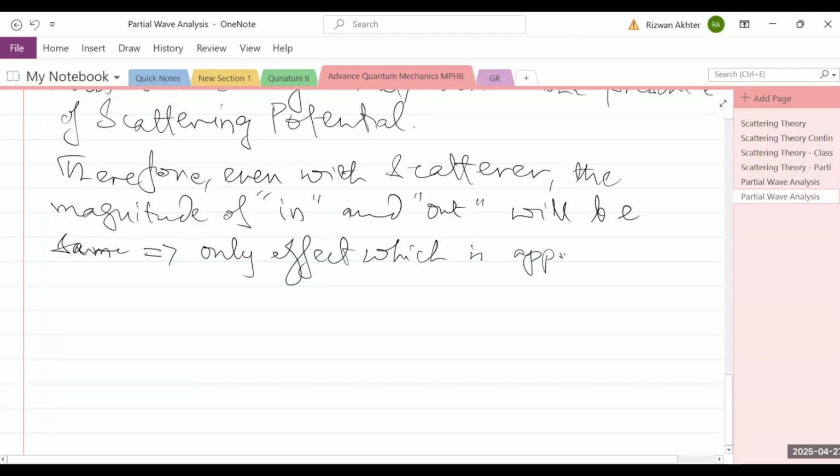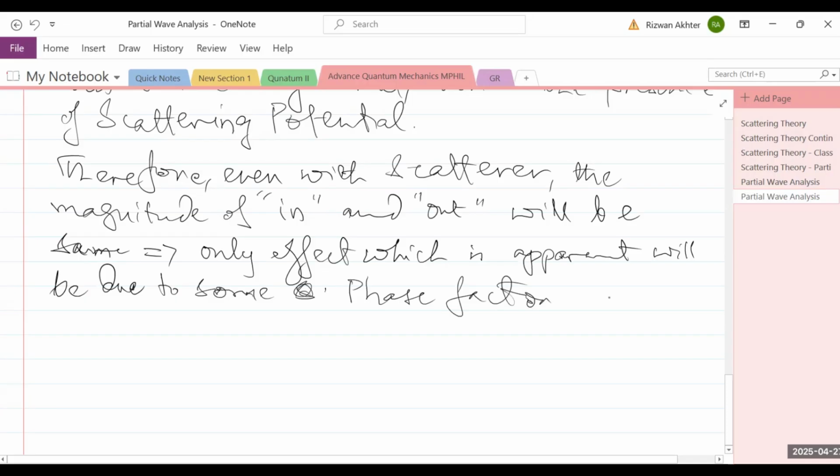which would be apparent will be due to some scattering, some phase factor appearing as a phase shift.